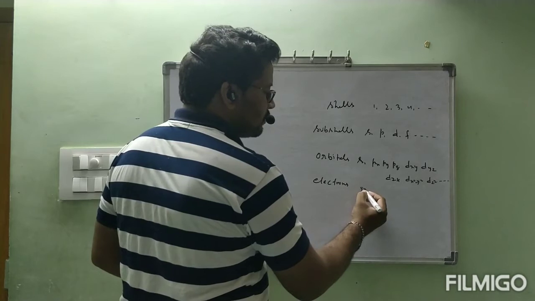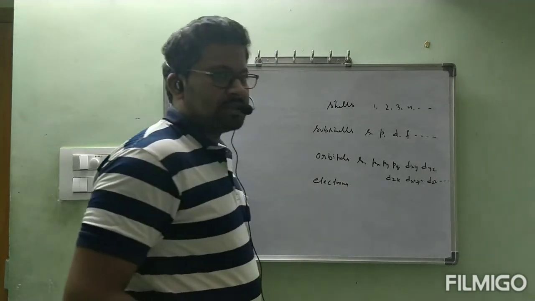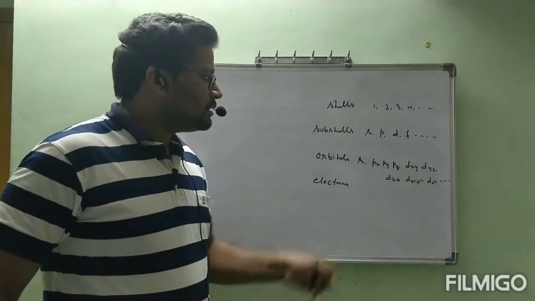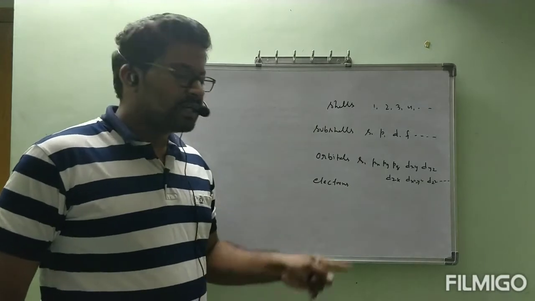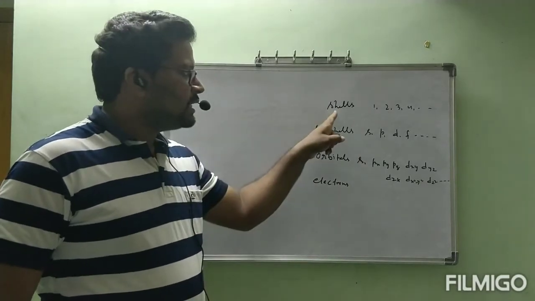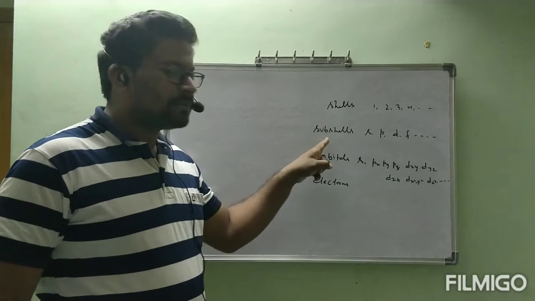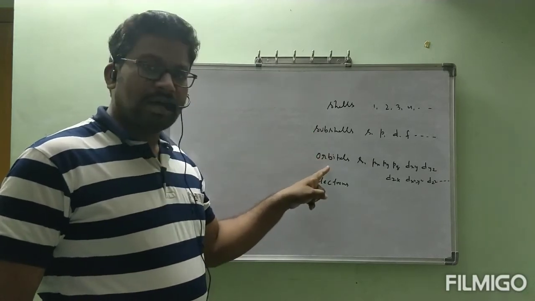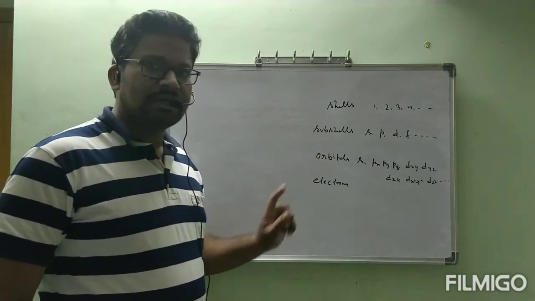Then electrons. Every orbital has 2 electrons. Like that we can see the different energy levels involved with electrons: first shells, next subshells, next orbitals, next electrons.